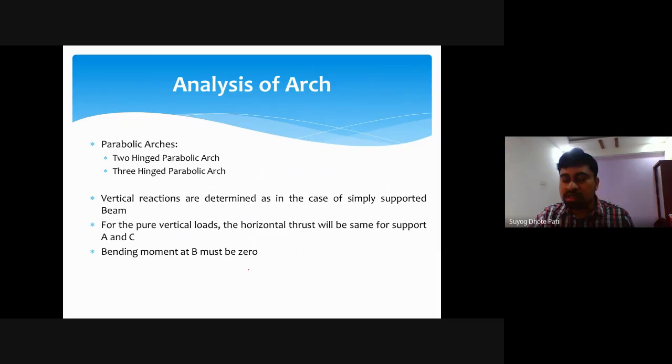Indeterminacy was discussed in my previous presentation, where we discussed determinacy and indeterminacy of beams and frames; you can refer to that for a particular structure. For the timing we will consider the 3-hinge parabolic arch, and I will give some standard formulation for the 2-hinge parabolic arch.